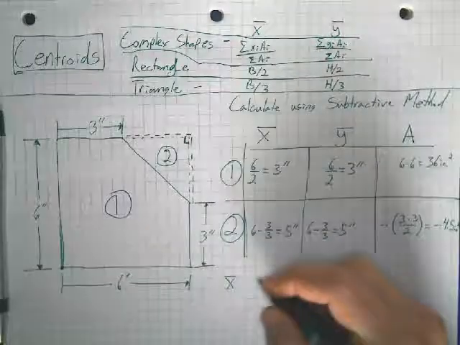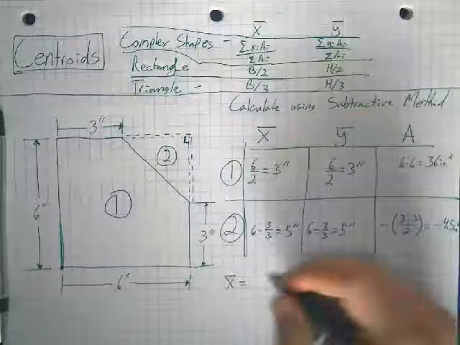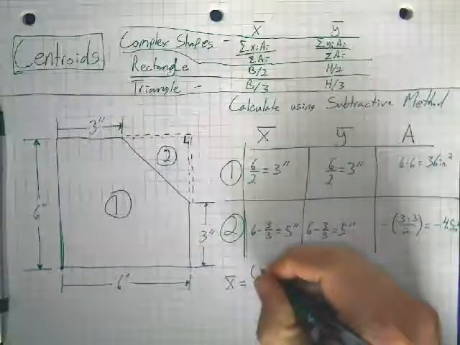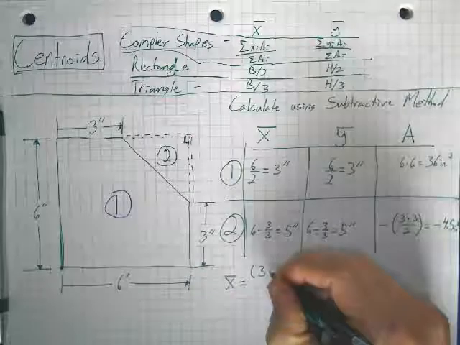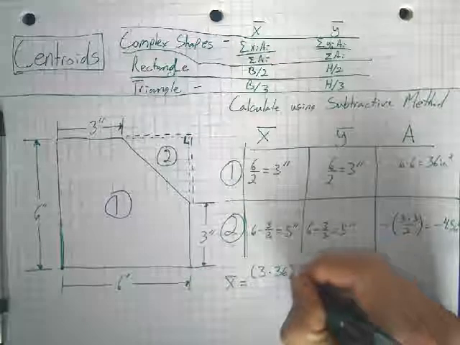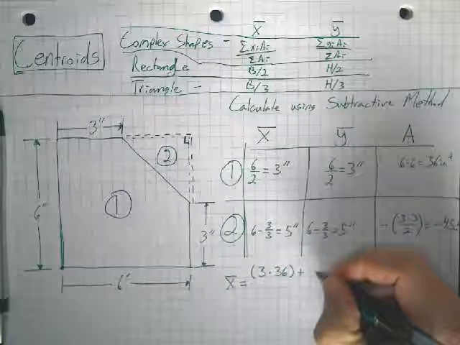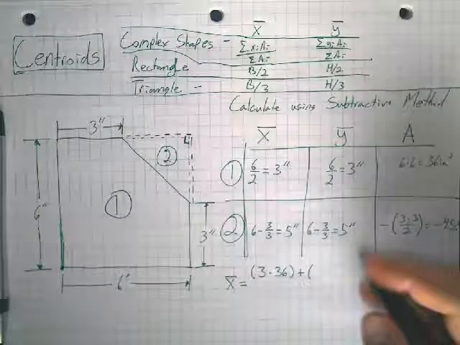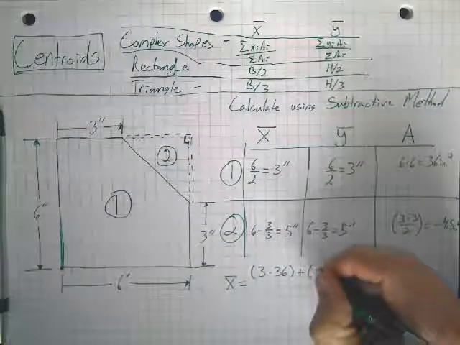X bar of this whole shape is going to be equal to shape 1 times its area, 3 times 36, plus, and now I'll have 5 times negative 4.5.